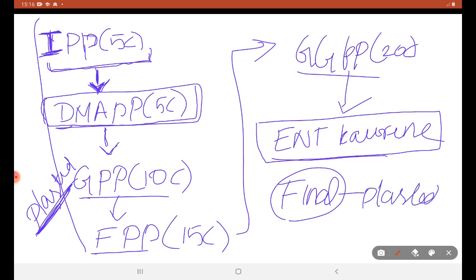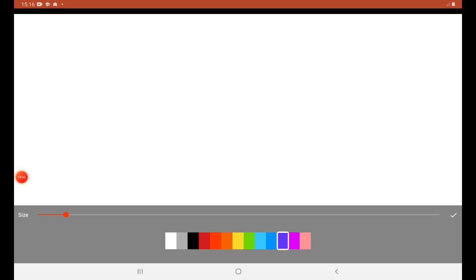So after plastid, as with the mnemonic, it enters into cytosol, then it will enter into ER. Then we will see what occurs in case of cytosol.